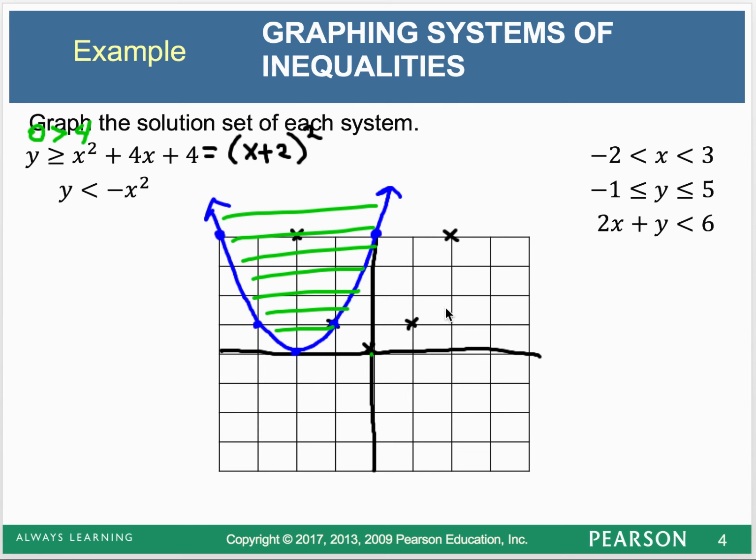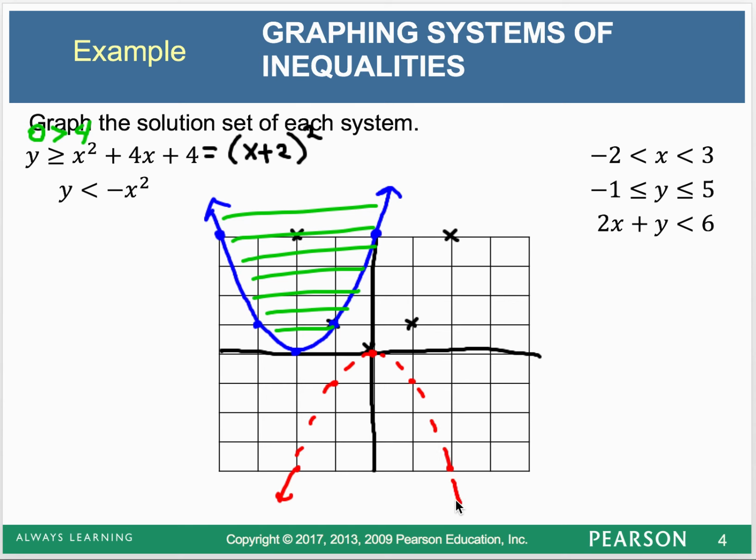All right. This one is just the reflection. So I'm going to make my y values negative. I already have my basic points plotted, so y values are negative. This one's going to be a dotted line because it doesn't have the equal sign, right? So that's all that tells me that.